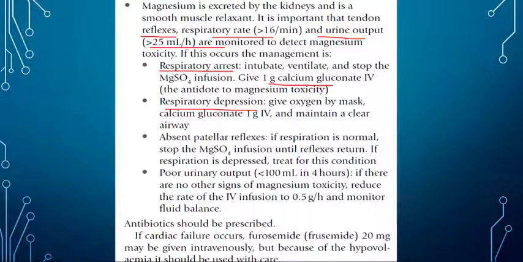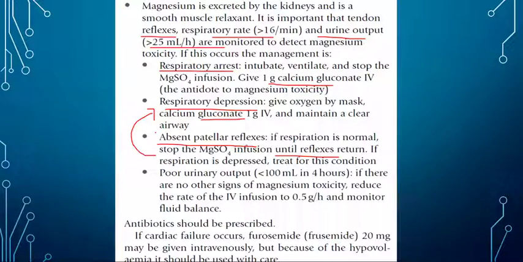If the patient develops respiratory depression, again, stop the magnesium sulfate, start the patient with calcium gluconate. If there is absent patellar reflex, but respiration is normal, stop the magnesium sulfate until the reflex returns. But if the respiration is depressed, then treat just like this one.